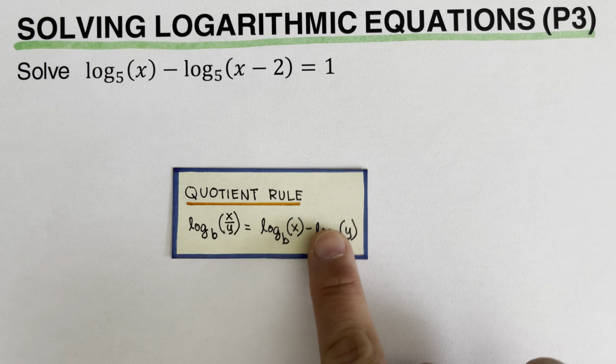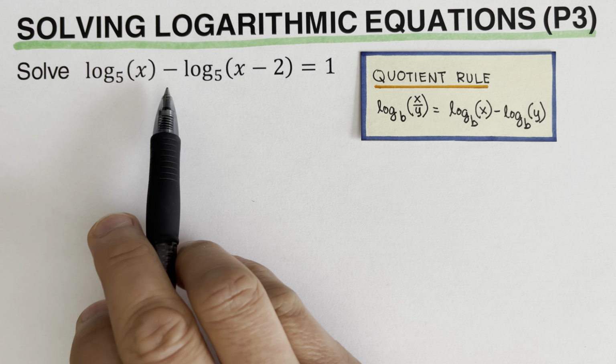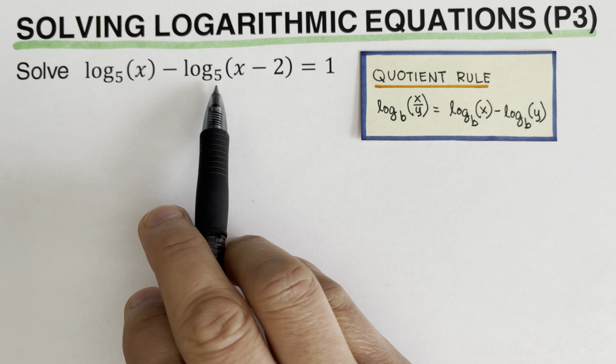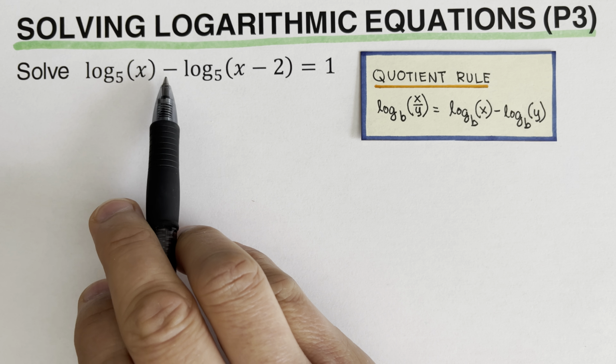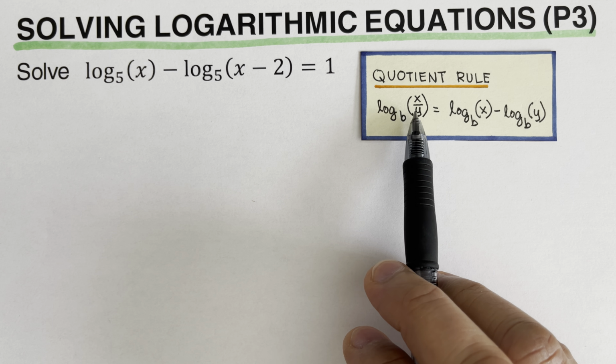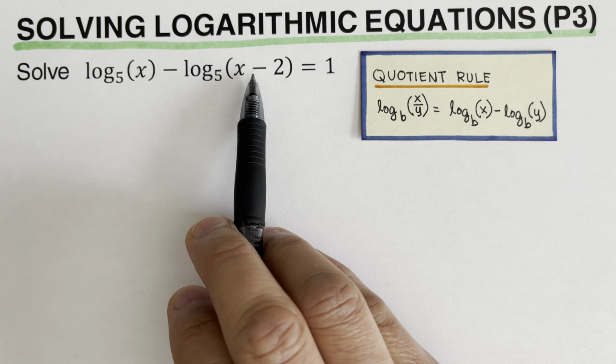So going back to the example that we have right here, we have log of x to the base 5 minus log of quantity x minus 2 to the base 5 is equal to 1. As you can see, this is a minus, so that means that we are going to use this quotient rule. This will become the numerator and this will become the denominator.